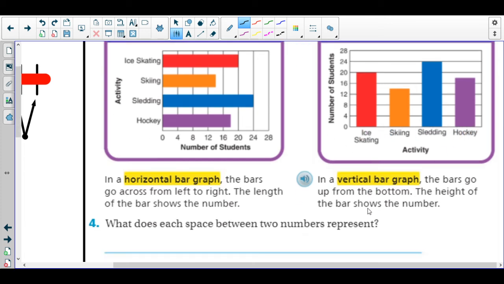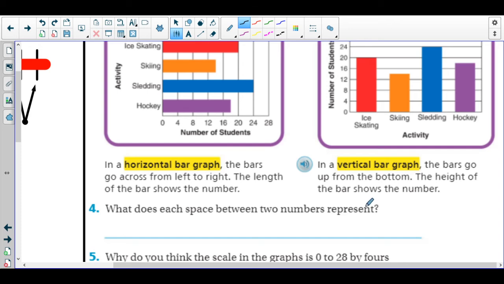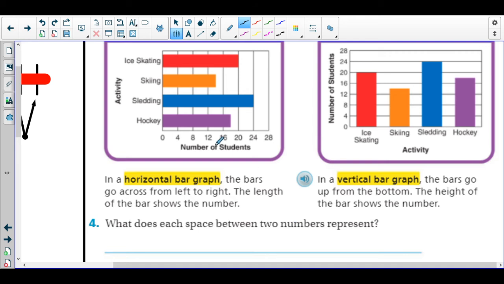So what does the space between the 2 numbers represent? From 8 to 12, from 12 to 16, what does each space between the two numbers represent? Well, it would be the numbers.